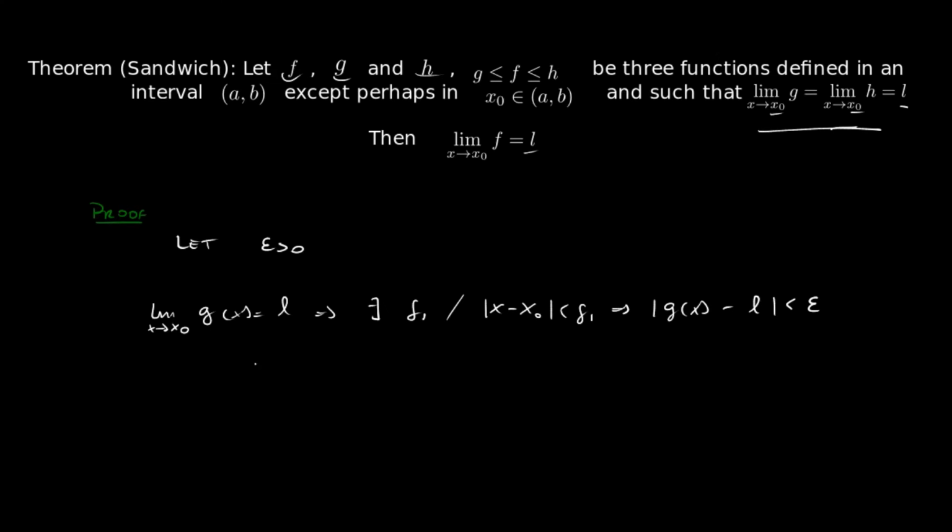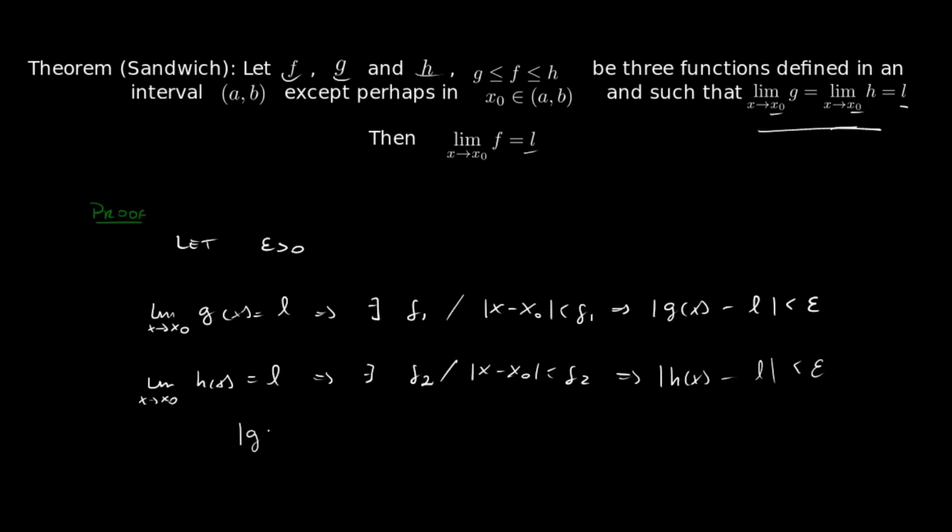Now the limit of h is also L. So then there exists a delta 2 such that if |x minus x0| is smaller than delta 2, then our function |h of x minus its limit| is smaller than epsilon.